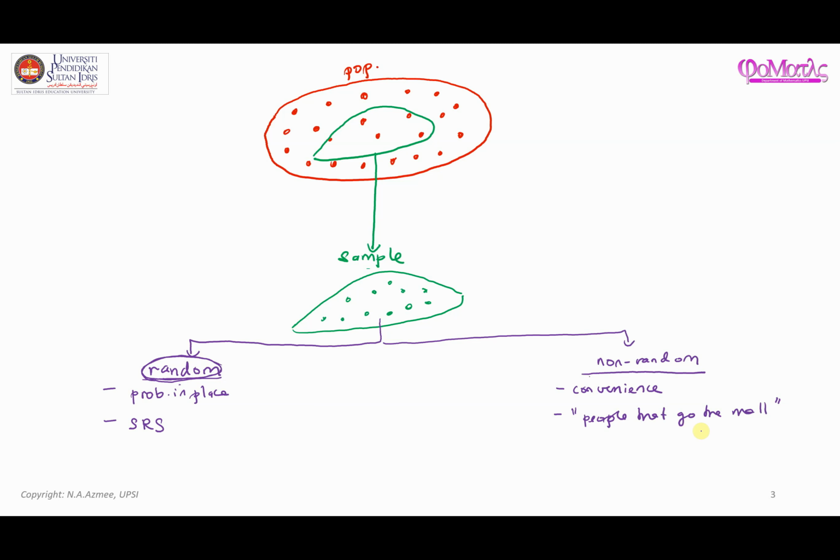This is an example of convenience sampling, because it is convenient for you to just go to the mall and distribute the questionnaire. Or maybe you select your sample based on patients that come to the clinic in the first 6 months. This is also a type of convenience sampling.